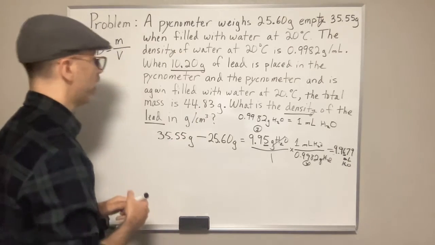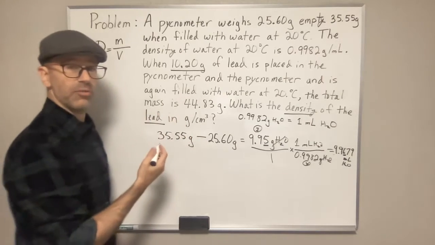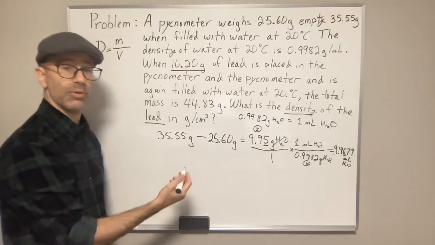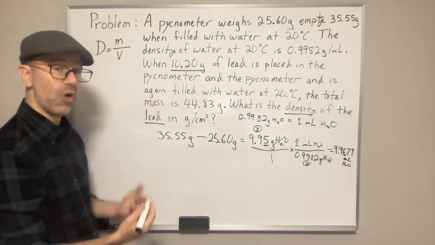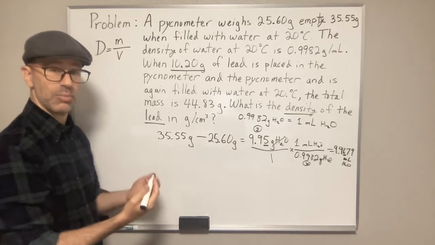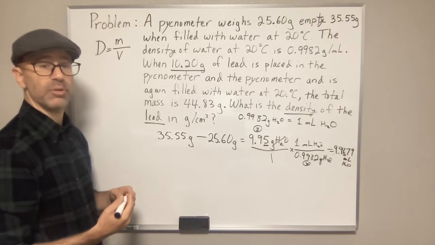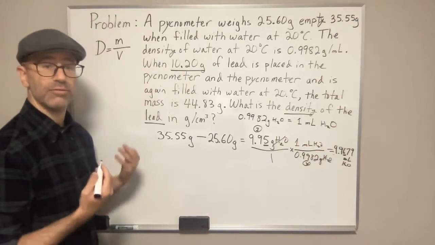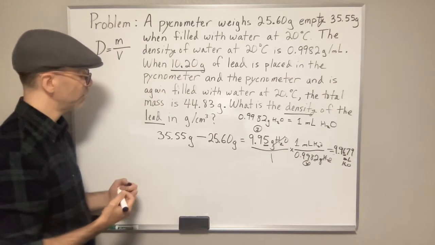The reason we want to do that is because once we get the mass of the water, we can get the volume of the water from the density, and we can then know how much volume that occupied in the pycnometer, and then subtract that from the total volume that we have here, and that'll give us the volume of the lead that's occupying the pycnometer.